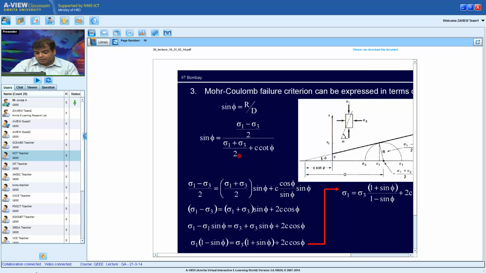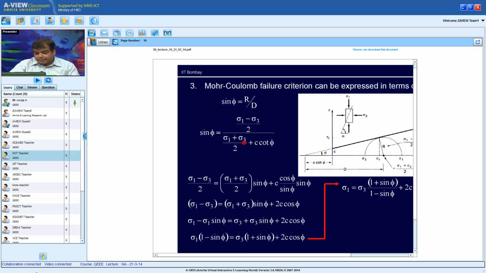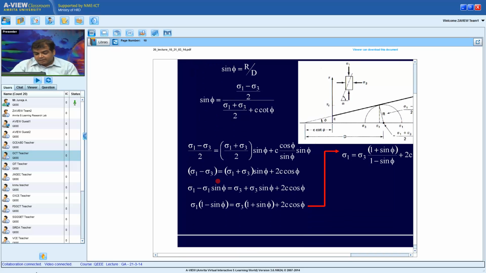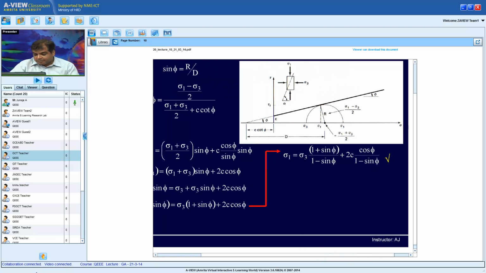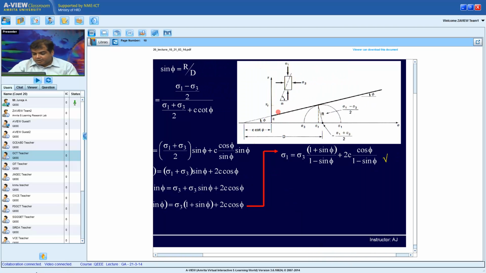Now I can play around with these terms, meaning take this on the left hand side, collect sigma 1 on one side. That is what has been done over here, but the final equation is something which is of interest to me, which is sigma 1 equals sigma 3 times (1 plus sine phi prime) over (1 minus sine phi prime), plus 2c cos phi prime over (1 minus sine phi prime).